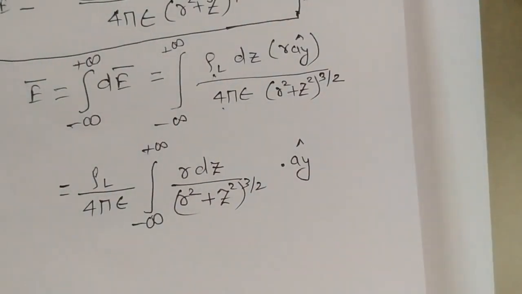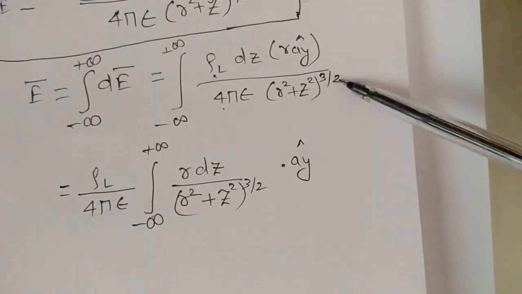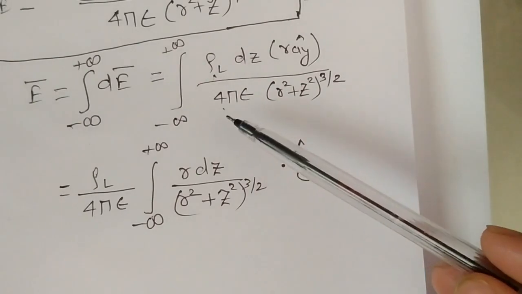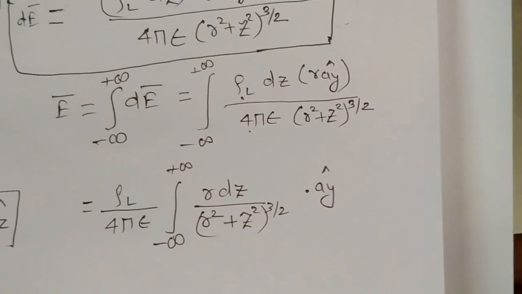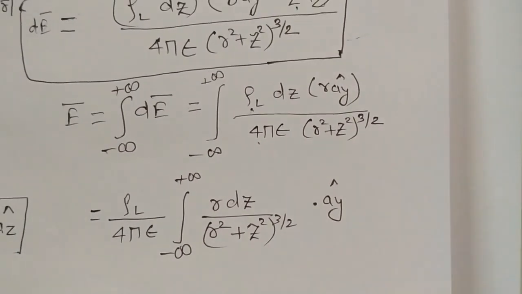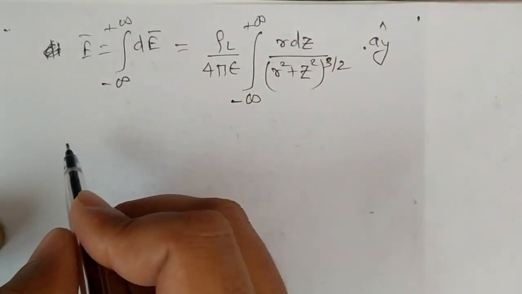Are you getting the equation? I am simplifying this term. rho L upon 4 pi epsilon 0 is constant and can be taken out of the integral sign, and therefore we get rho L upon 4 pi epsilon 0 times the integral from minus infinity to plus infinity of R dZ over (R square plus Z square) raised to the power 3 by 2, into the unit vector a cap.